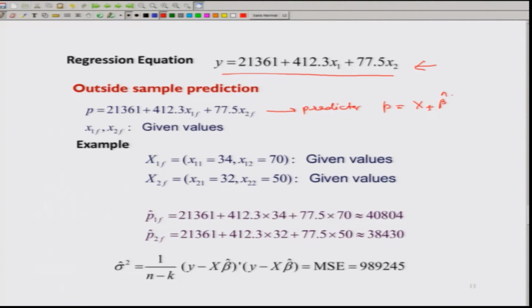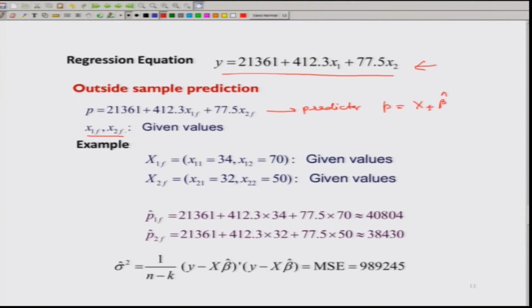Now, the values of xf are given to us, and since we have only two variables x1 and x2, I need two values x1f and x2f to forecast the value of y. So, suppose I illustrate how to forecast more than one value at the same time.